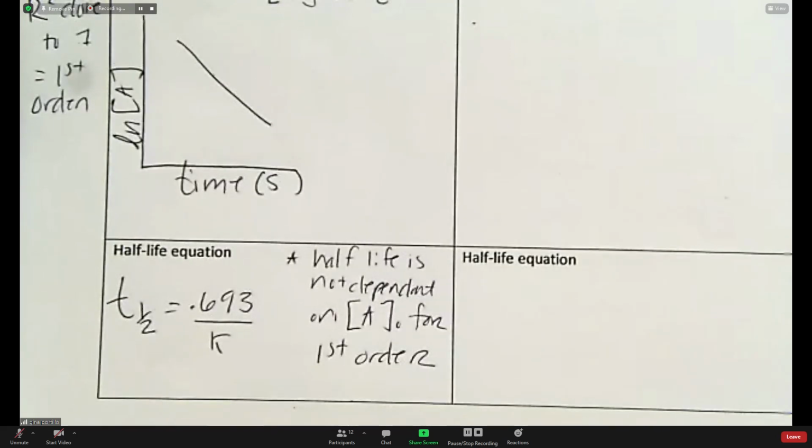So it's important as a chemist to know what order it is, because you're going to have different time-dependent equations. And so if you want to know how much stuff is hanging around, you want to apply the right equation.